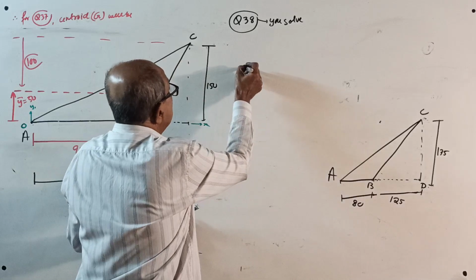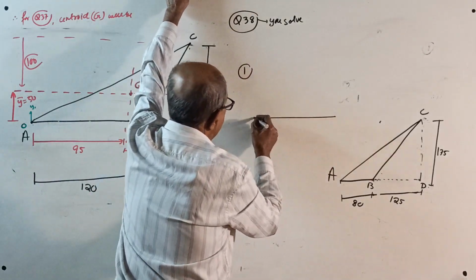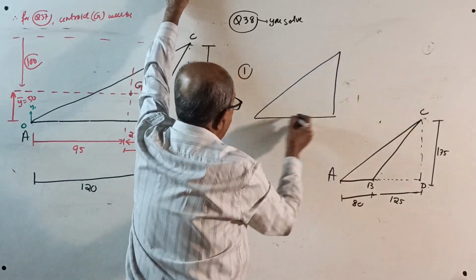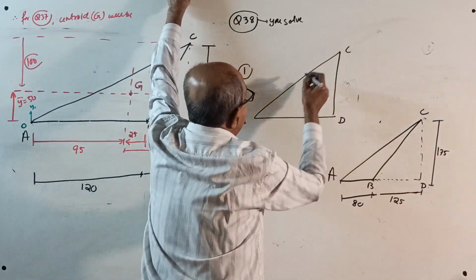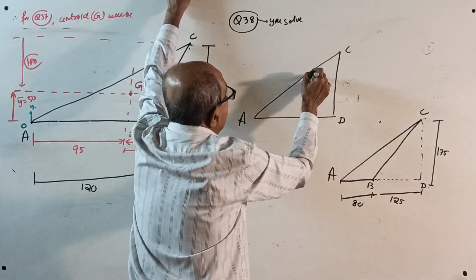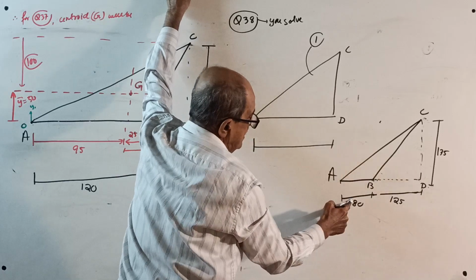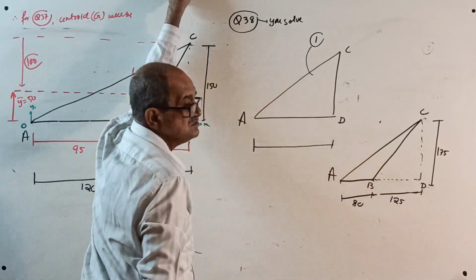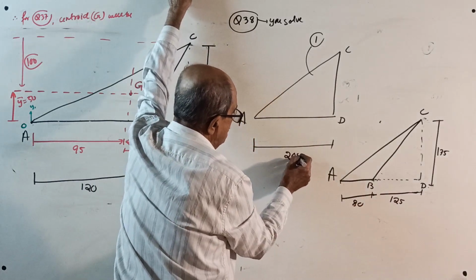Now take the full triangle. See, this is one triangle, A, D, C. This is your triangle 1, figure 1. The base of figure 1 will be 80 plus 125, which is 205.